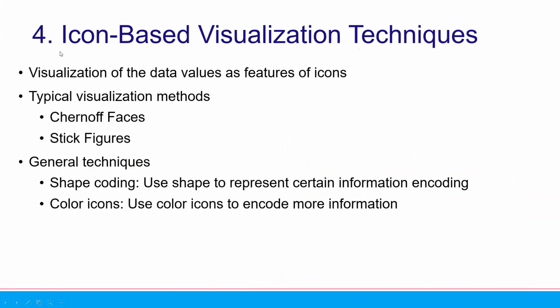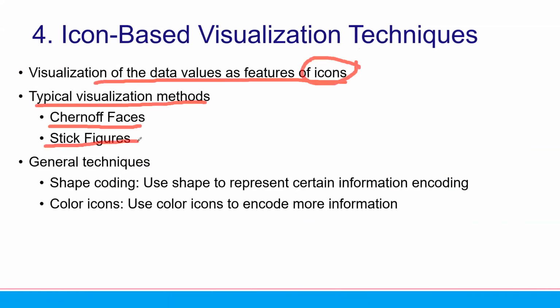Other visualization techniques, we call it icon base. Visualization of the data values as features of icons. So the keyword is icons. The typical visualization methods are Chernoff Faces, stick figures.